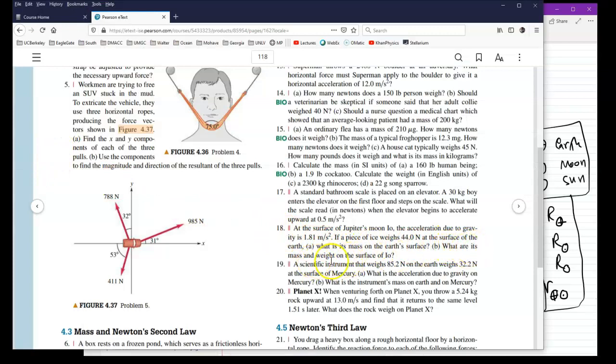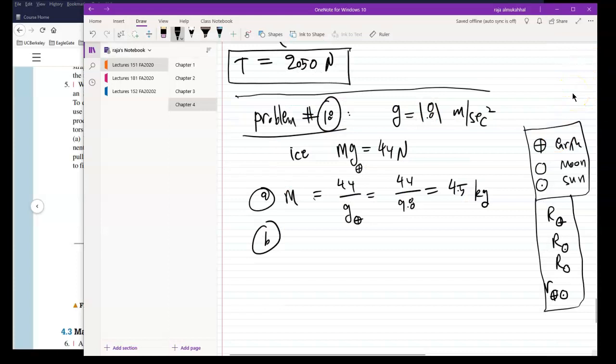Part B. What are its mass and weight on the surface of Io? Aha. Well, this was on Earth, remember. On Io, the mass is what? 4.5 kilograms. Mass does not change. The quantity of matter doesn't change regardless of where you are, inside the elevator or on Jupiter or the Sun or whatever.